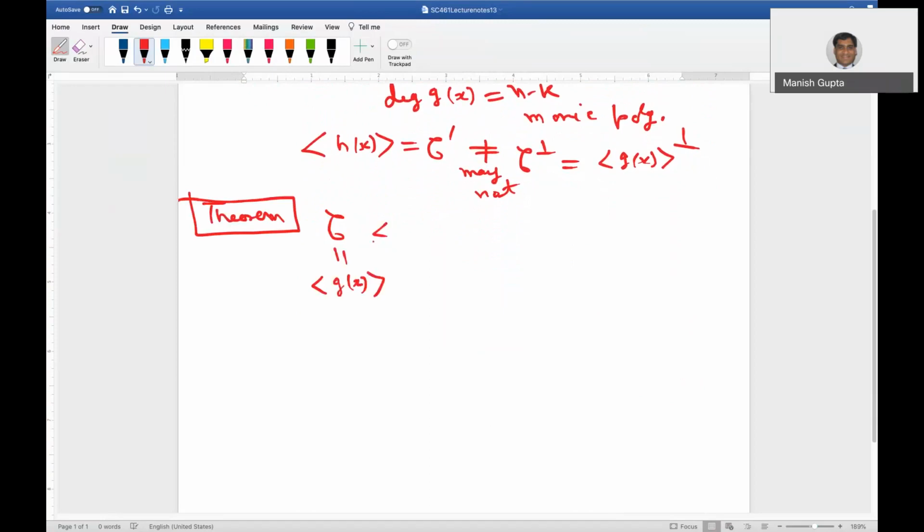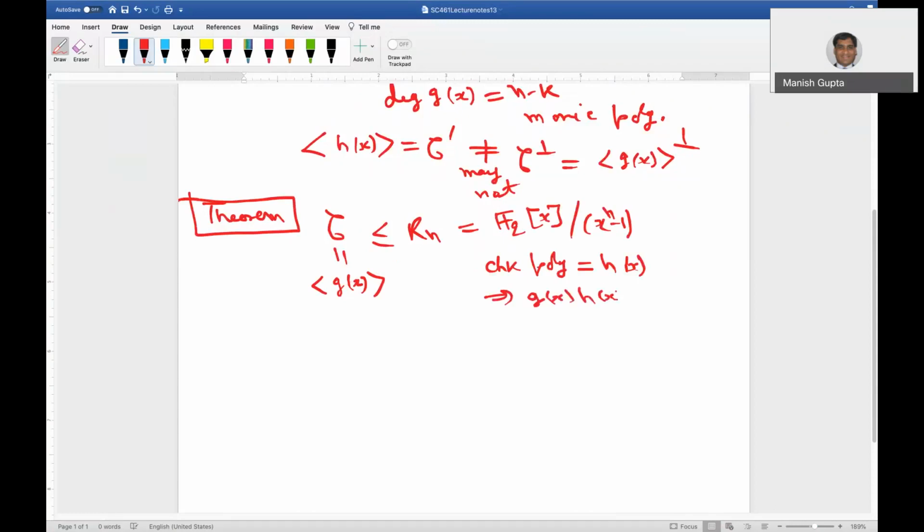So it is in the ring Rn; Rn is, I can call it, Fq[x] mod x raised to power n minus 1. And h(x) is our check polynomial. This implies that g(x) into h(x) is equal to x raised to power n minus 1.